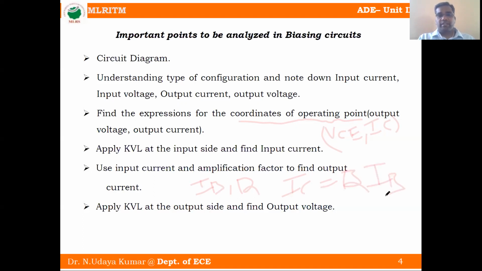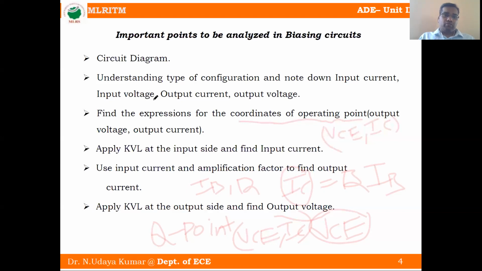Next, apply KVL at the output side to find the output voltage, which is VCE. So we have to find the output voltage and output current. Output current and output voltage, we call it the VCE comma IC coordinate. That is called the Q point.